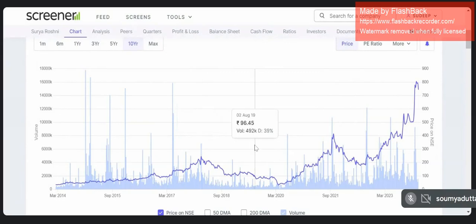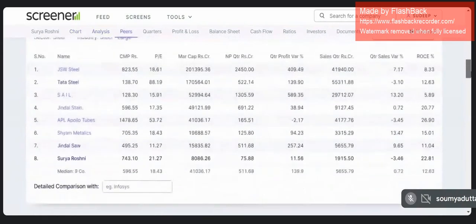Then by 2019, it crashed again to 77. Did the EPS go down? No. Then what happened? Tell me. We need to check the margins. Let's do a fair value analysis on that point.